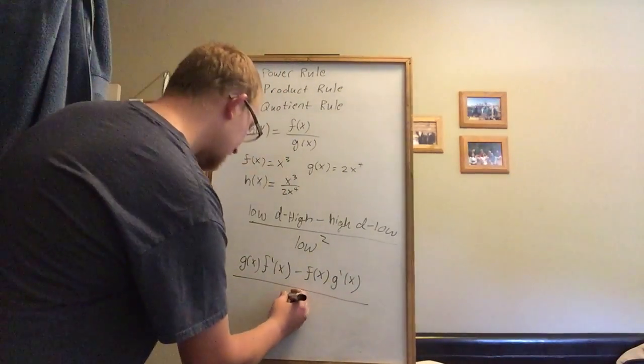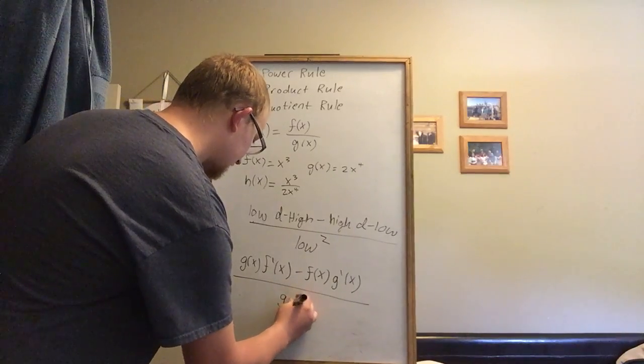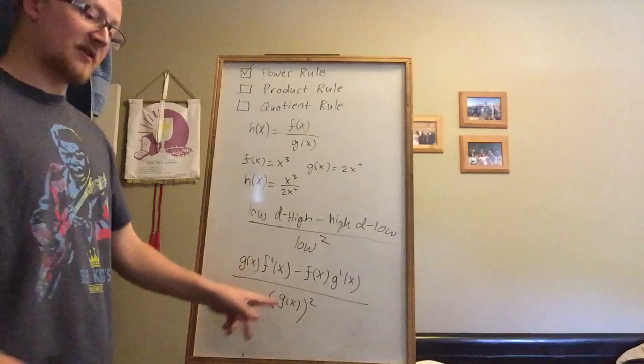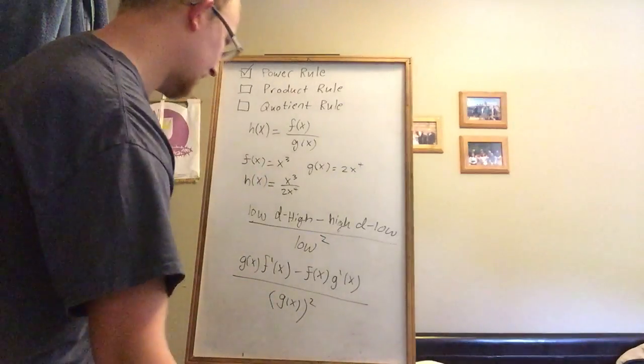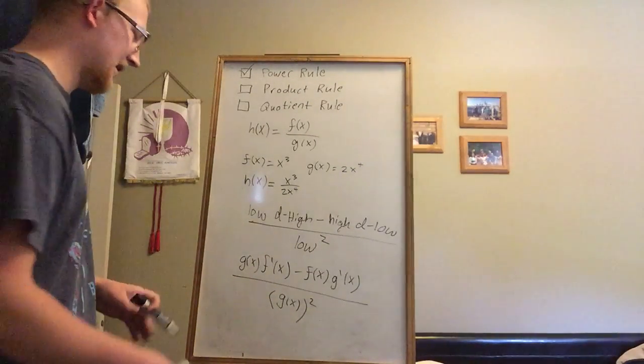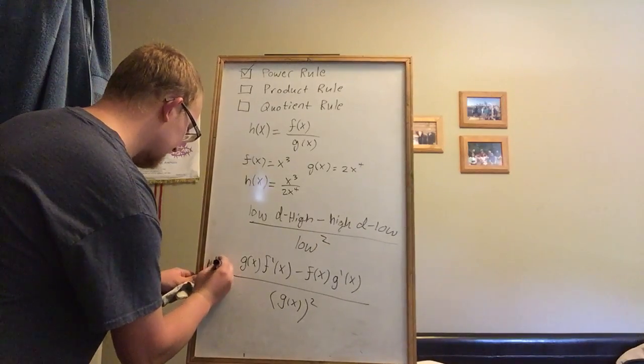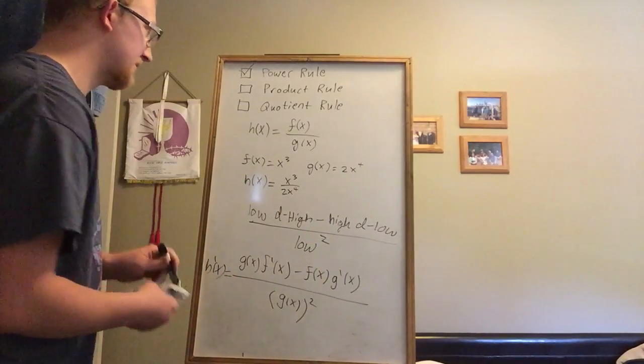That's g of x squared. And so this is our format. Just like for the product rule, we have a format here. And this is equal to the derivative of h with respect to x, which is h prime of x.